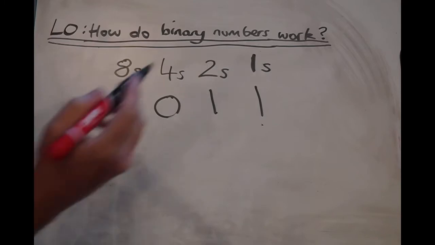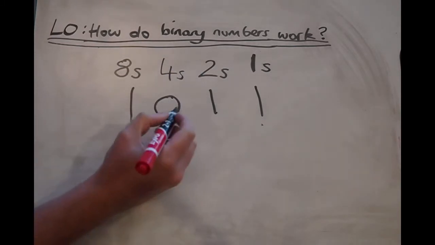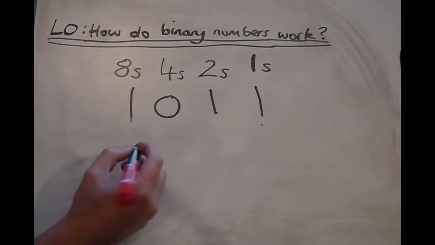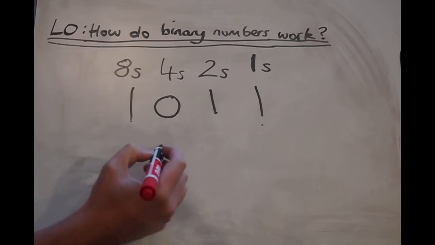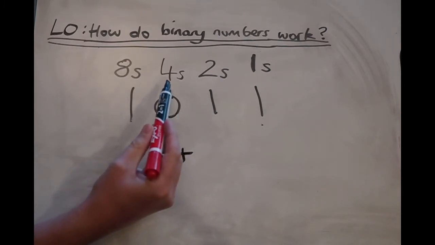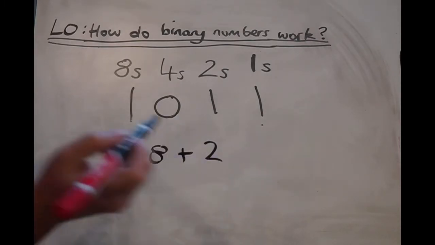Okay, and so to calculate what this number is in decimal, all we need to do is add together what we've got. So we've got 1 eight, so we've got 8 plus, well, we don't have any fours, but we've got 1 two, so we say 8 plus 2.